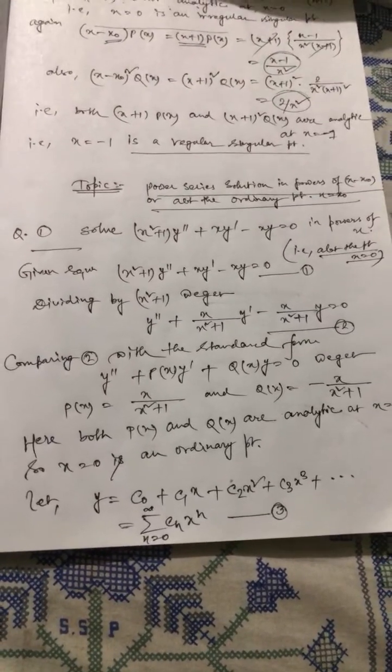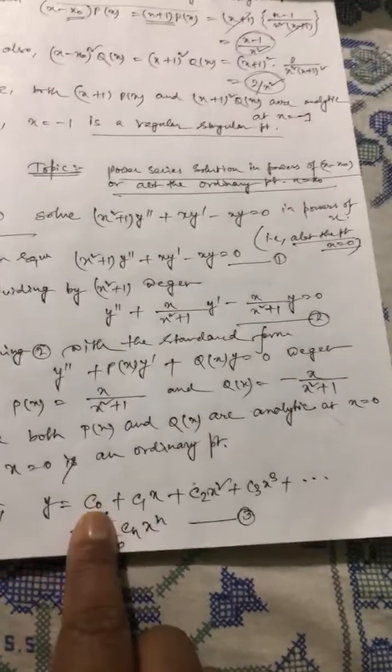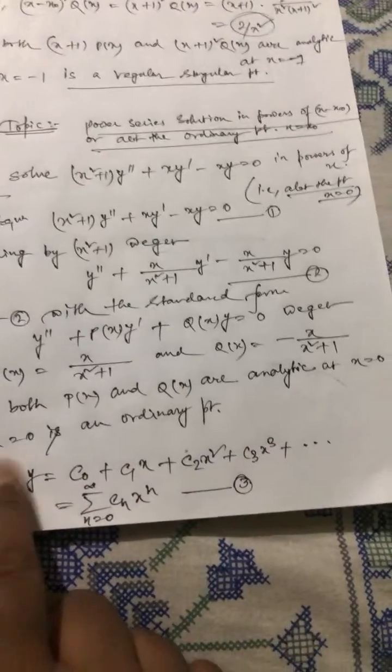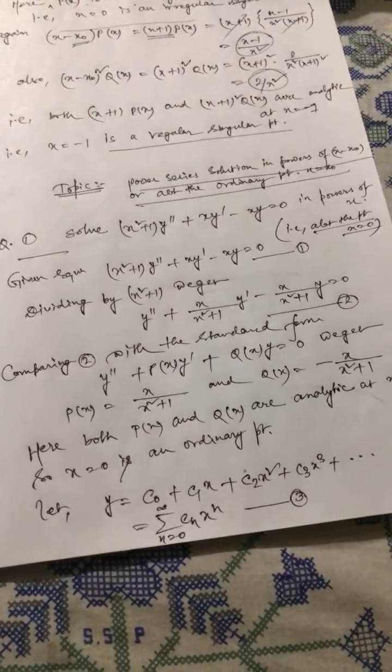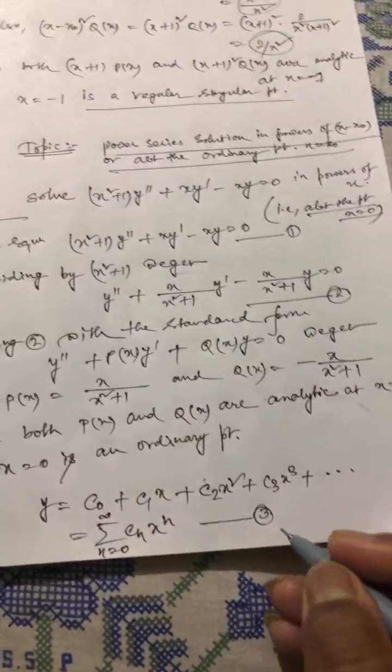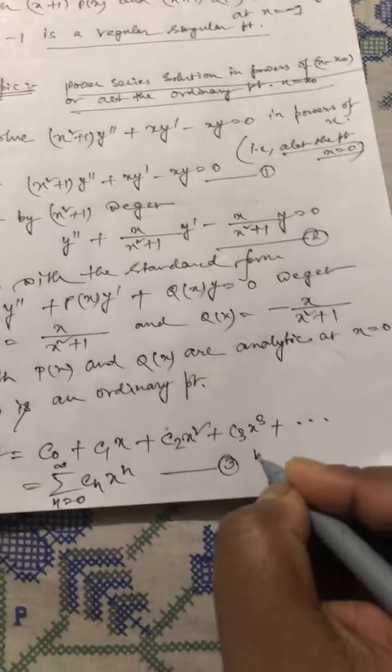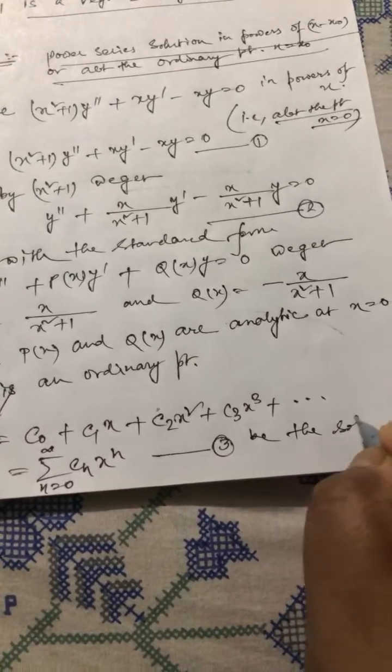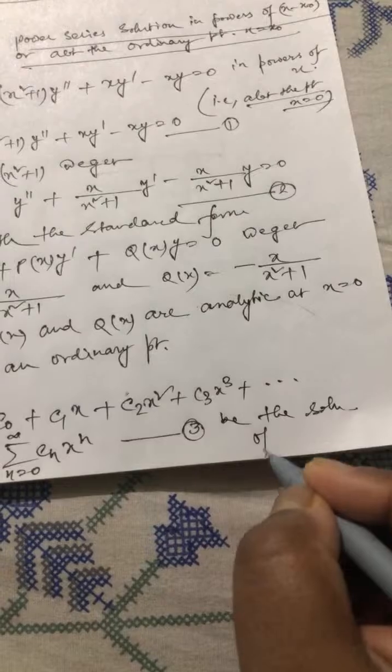That means after checking whether the given point is an ordinary point or not, first of all you have to assume this is the general structure of the solution. Okay, so let y is equals to this be the solution of the given equation. Now let me write this one.